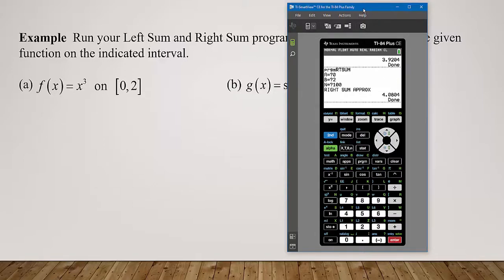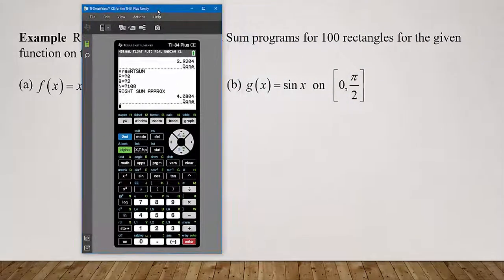So before I go to the chalkboard, let's look at part B. See, my function is sine x. So I need to get sine x into y1. And okay, I'm going to run my left sum program.